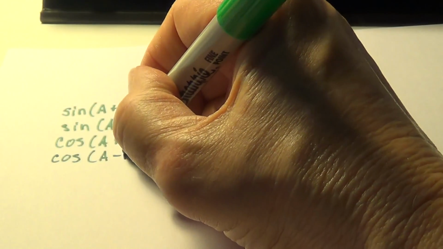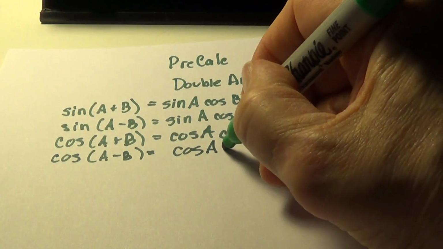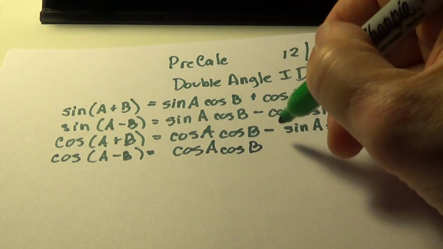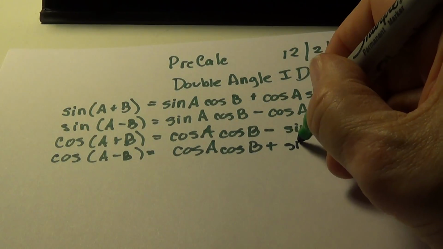And cosine of A minus B is the same as cosine of A plus B, except for the sign, the SIGN, in between is positive.